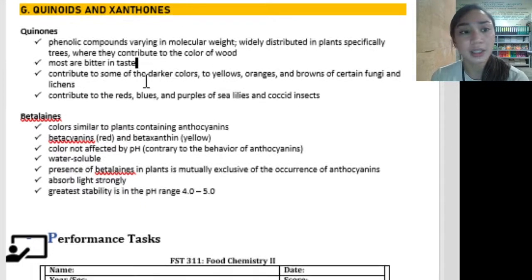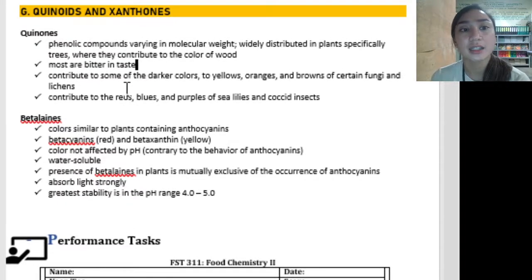Usually, they are bitter in taste and contribute to some of the darker colors, to yellow, to oranges and browns of certain fungi and lichens. What else? It contributes to the reds, blues, and purples of sea lilies and insects then.